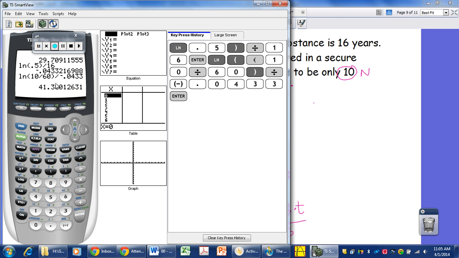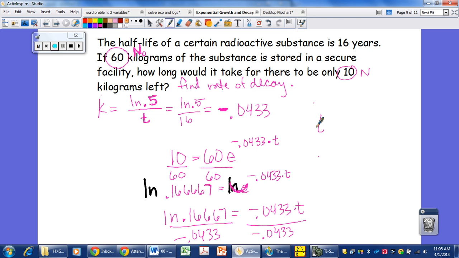Years will always be positive, and it looks like it's 41.4 years. So it will take this radioactive substance 41.4 years for there to be only 10 kilograms of our original 60 left over.